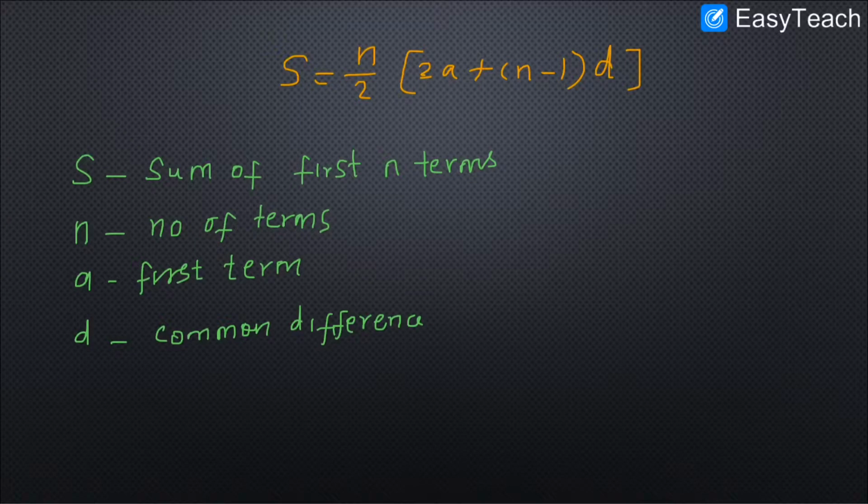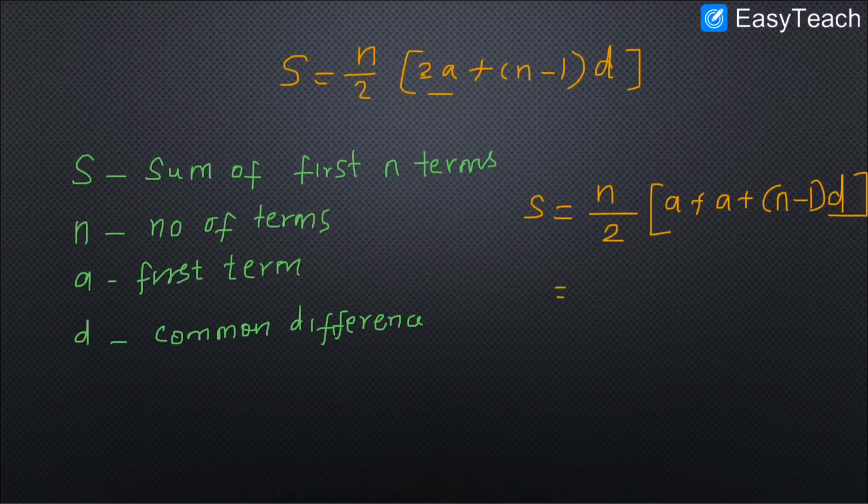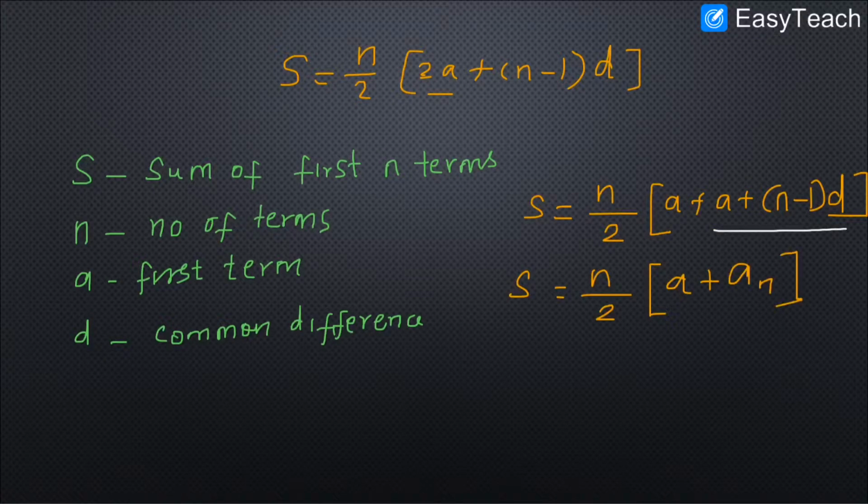There are two other ways to write the same formula. I can split 2a as a plus a, so S equals n by 2 into (a plus (a plus (n minus 1) into d)). We can write an for the term a plus (n minus 1) d, which is the formula for finding the nth term in the AP, and here an is the last term.